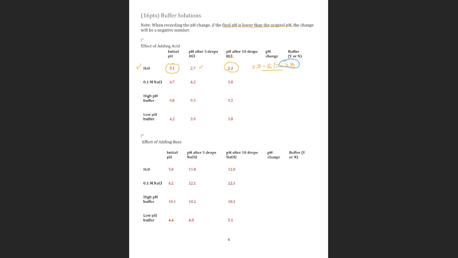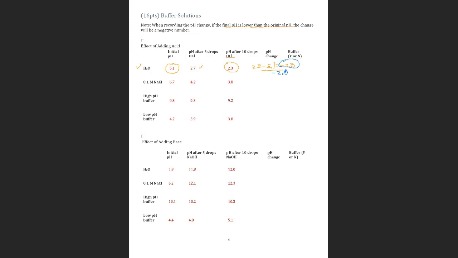Because the buffer, we said, is a weak acid with a conjugate base, a substance that makes the solution resist the change in pH. And here we see that the change in this pH is minus 2.8 points. It changes quite a bit.